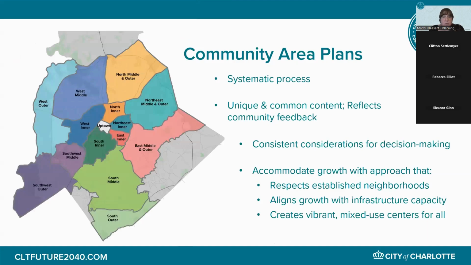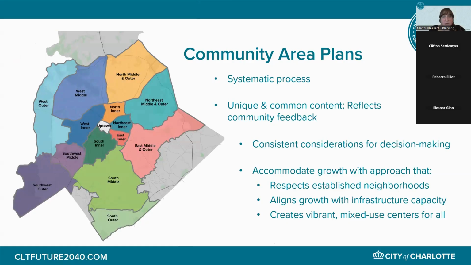All of these plans were developed using a systematic process, which means that they were developed in the same way and will have the same components and format within them. But while they were developed systematically, there will be some unique content because it will reflect the individual character of that geography, as well as some new common policy guidance that helps achieve the vision.